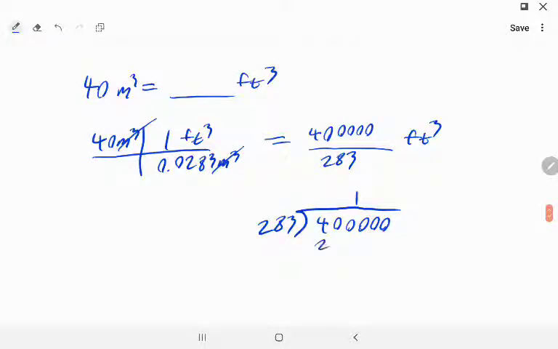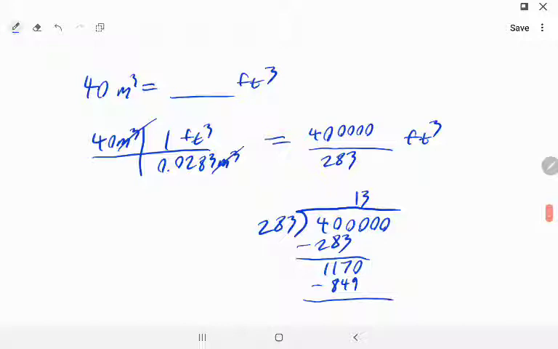We got 283, subtract, we got 117, drop down to 0. Can we get 4? That's going to be 566. I don't think so. So 3, we get 849.